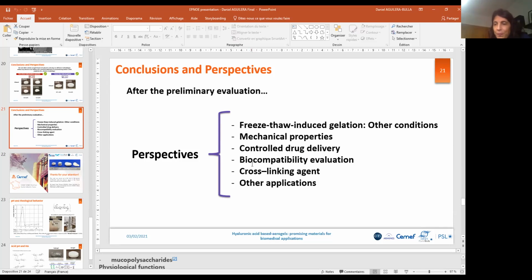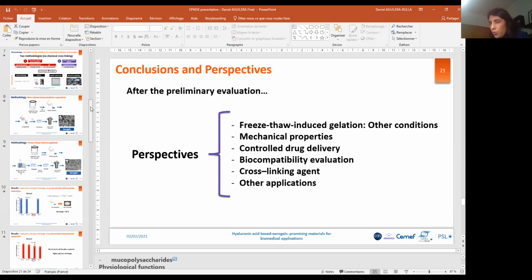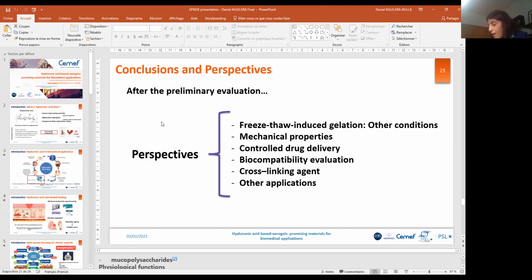Okay, thank you. I also have a question because it was not clear to me why study only hyaluronic acid. I know it's an interesting polysaccharide, but hyaluronic acid has been combined with different polymers and molecules for wound healing applications.